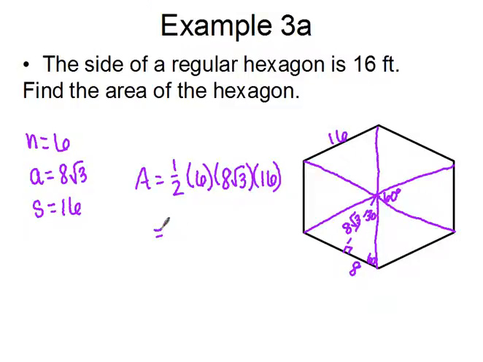Okay? And we can leave this in radical form first if we want. So that would be 384 root 3. If we want to change it to decimals, we just hit the button on our calculator and we get 665.1 feet squared.